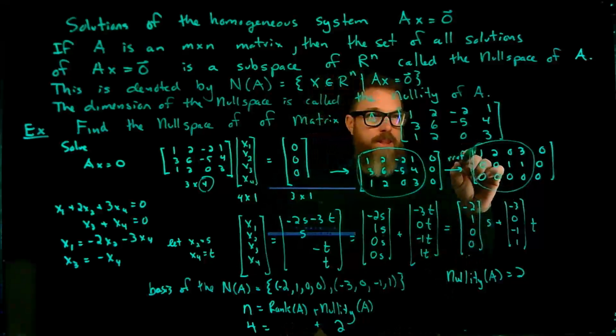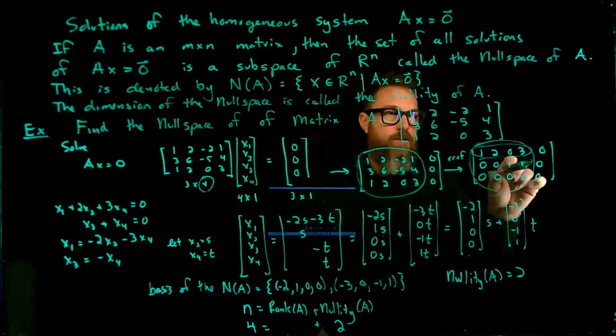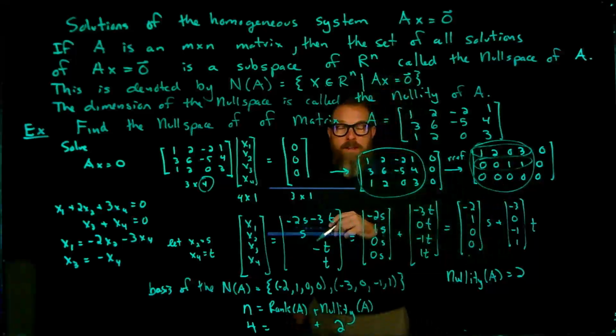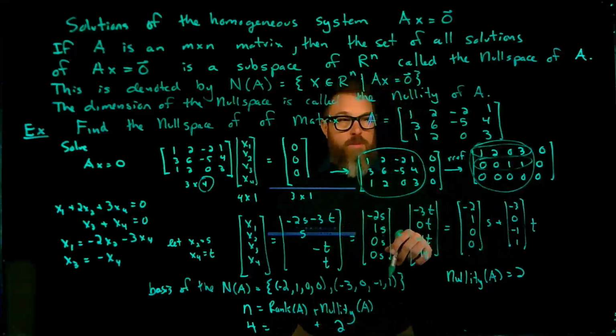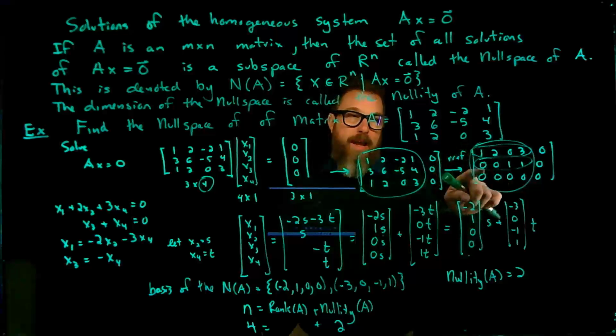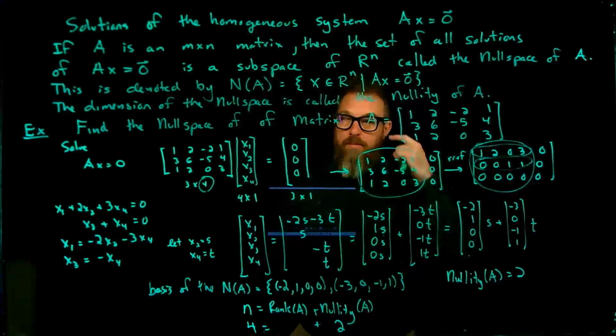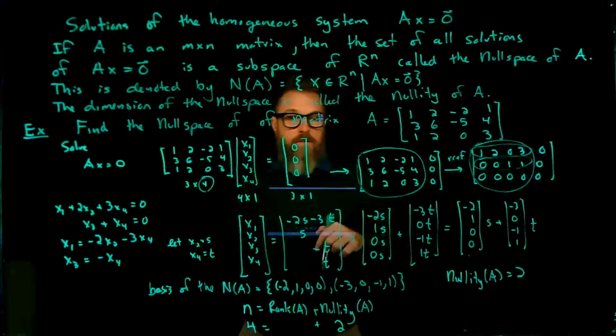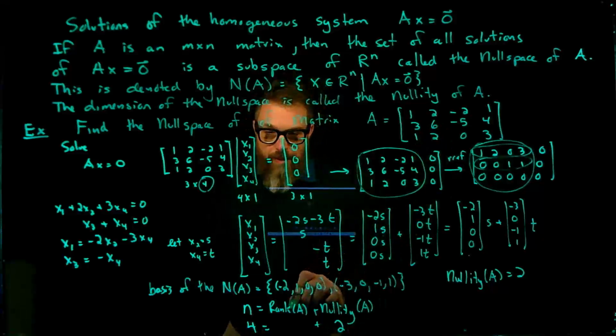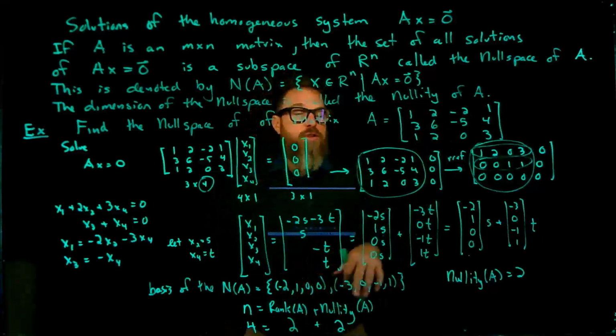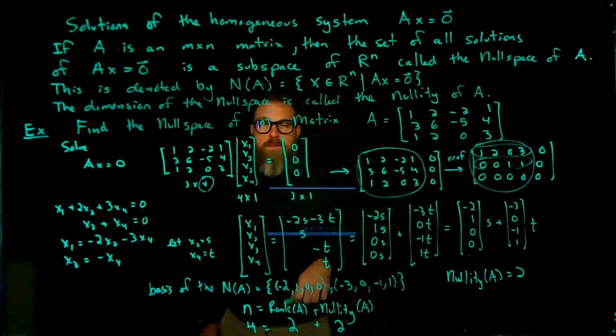So we can see that these two vectors will be your linearly independent vectors for that row space. So I could say this comma this for the basis of the row space of A, and you can see that there's 2 of them, and that really shows that 4 is equal to 2 plus 2.